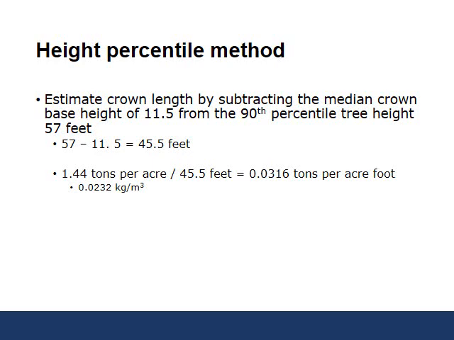To calculate our crown length, we simply subtract the median crown base height from the 90th percentile tree height, and we get 35.5 feet. Next, we can divide our available fuel loading by the canopy depth and convert to kilograms per meter cubed, similar to before, and we get 0.0232.